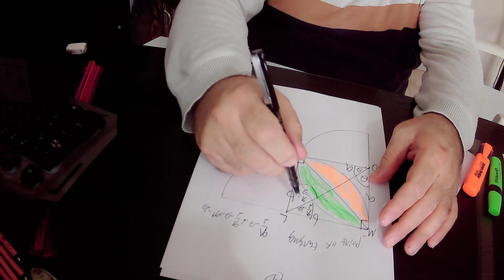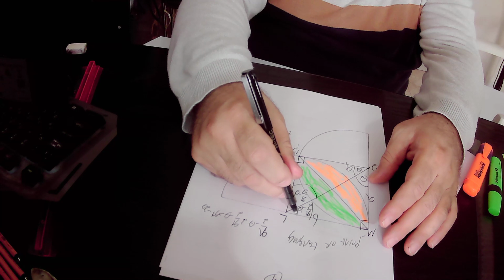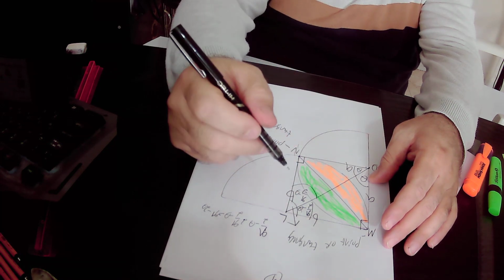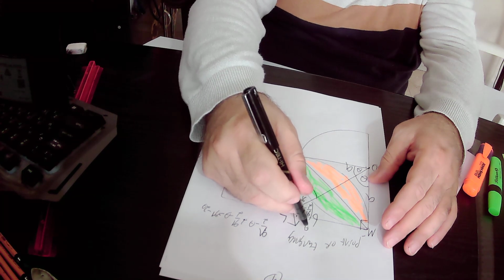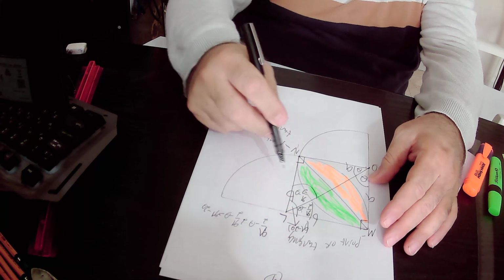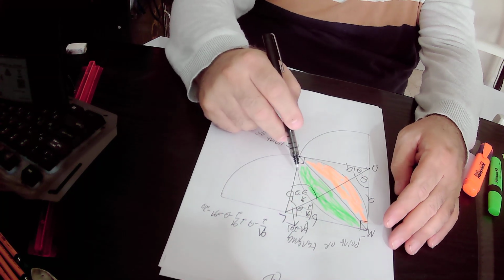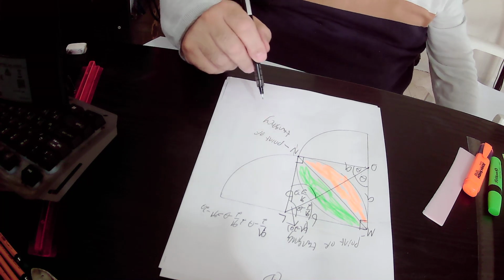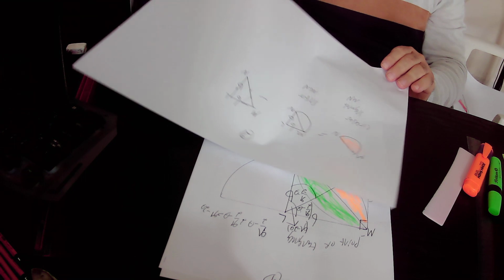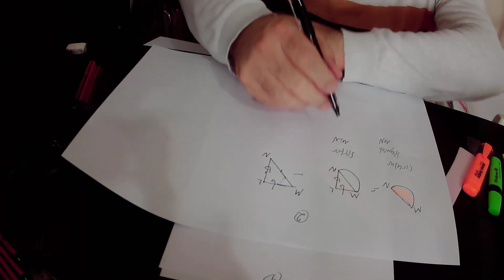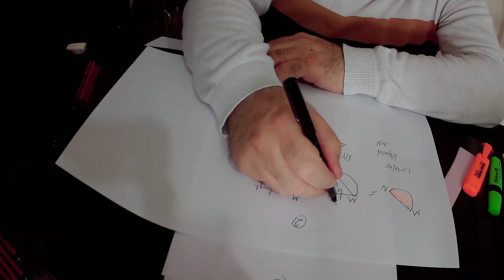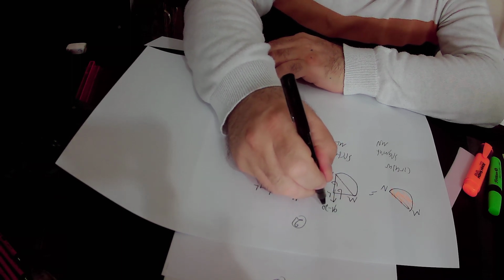So in conclusion, the size of angle MLN equals pi minus 2 theta. So the angle between the legs of sector MLN is equal to pi minus 2 theta.